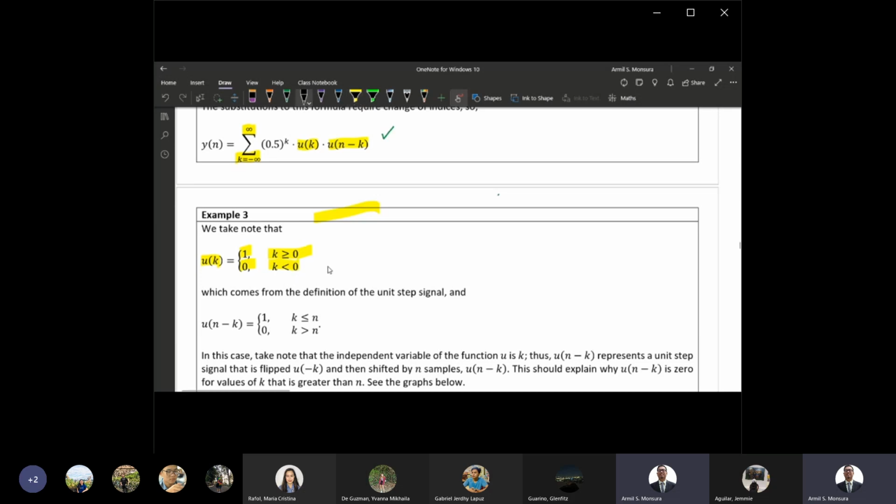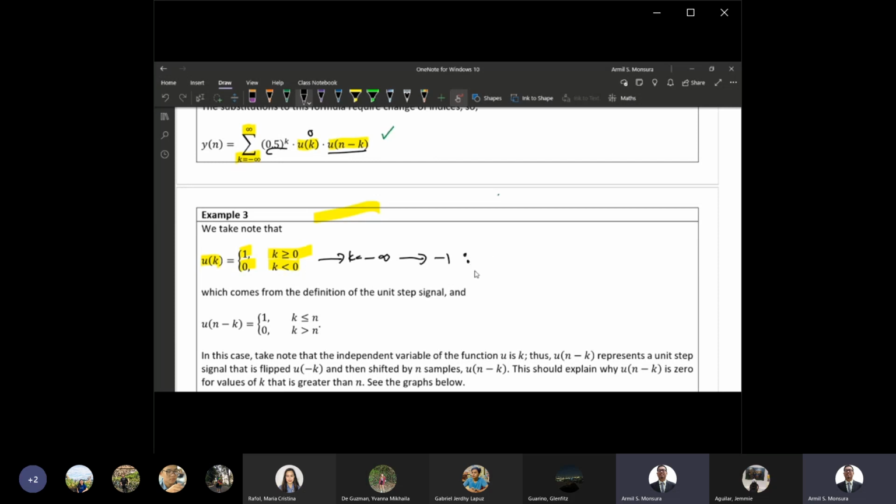So which means, okay, this would imply na from negative infinity hanggang negative 1, 0 ito. Okay, 0 tong u of k ninyo. So kung 0 yan, regardless of the value of the other two factors, for these values of k, yung product sequence niyo magiging 0.